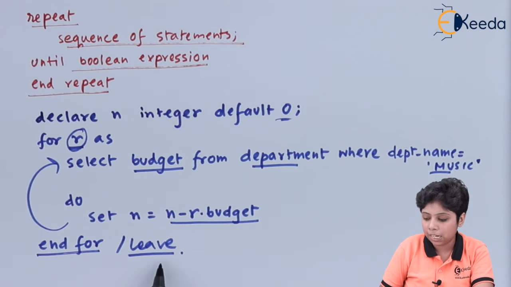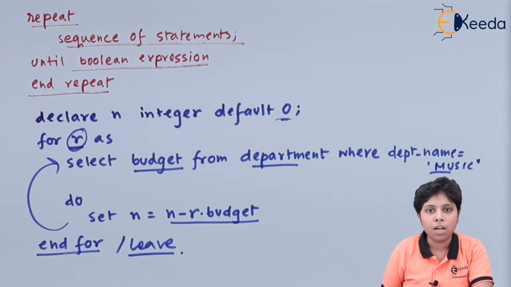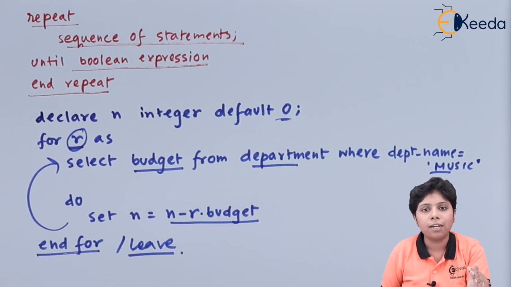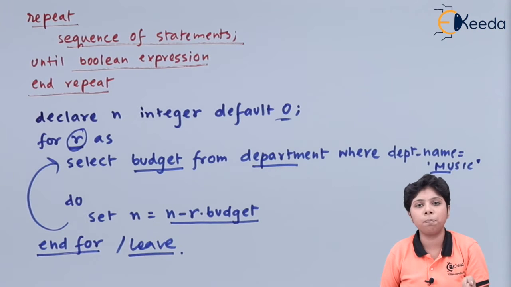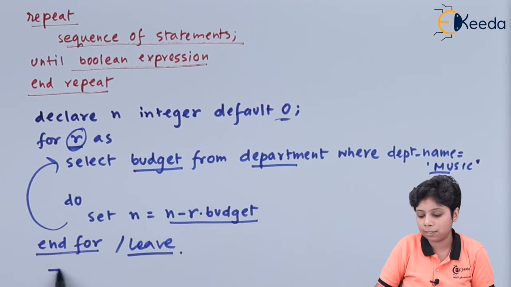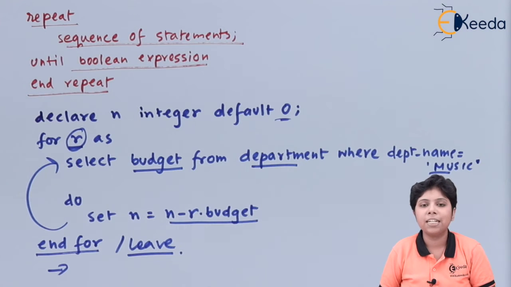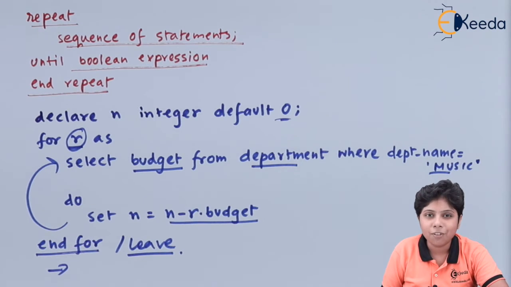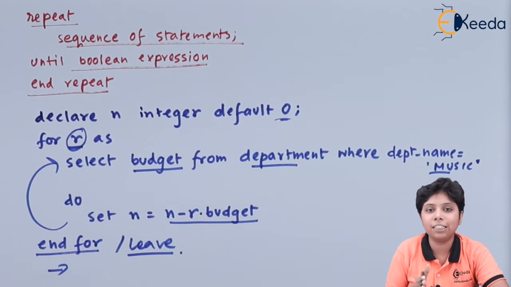But if I put leave, then it will leave all the tuples next to it in the music department, stop the for and go to the next language construct. In this way we can use leave just like the continue statement and break statement. So the break is there for the leave construct here.